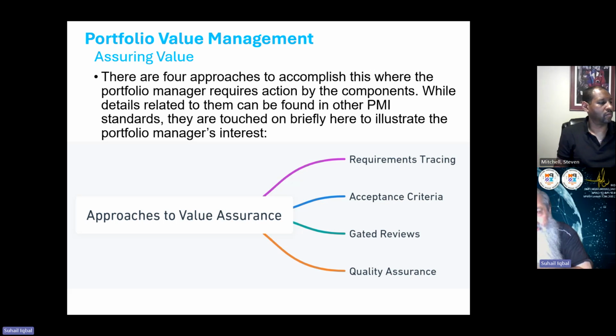You might feel that these are the things which are kind of micromanaging into the components. Well, not really. We are not trying to micromanage, but we are trying to protect our interest at portfolio level. And at portfolio level, our interest is assuring the value.